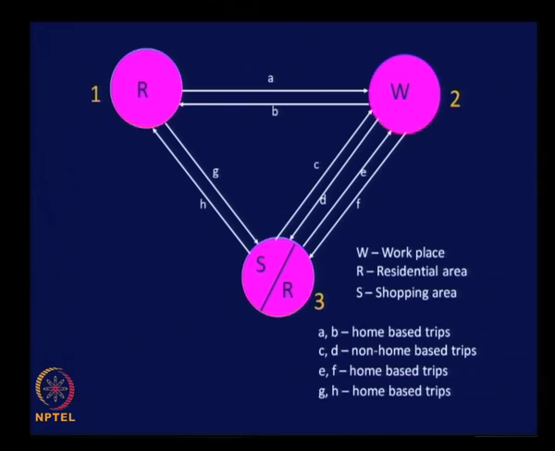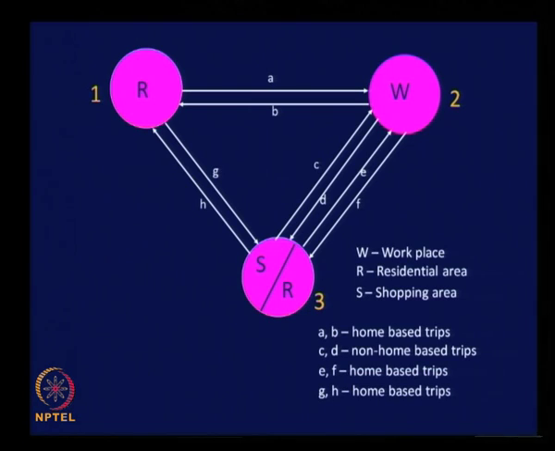Let us go further to understand the difference between trip production and trip attraction. In this case, a total of 8 trips are shown, is not it? 4 plus 2 plus 2, 8 trips are shown here.